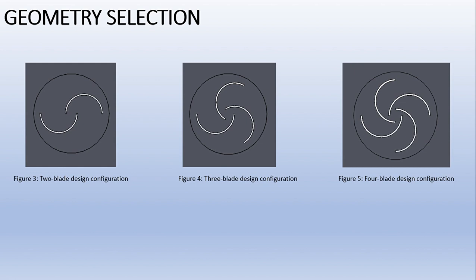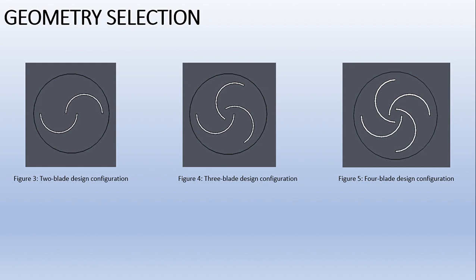Talking about the geometric selection, in this project I selected 3 different design configurations. As you can see, figure 3, figure 4 and figure 5 show the 2 blade, 3 blade and 4 blade design configurations of the Savonius wind turbine. The white curves in the figures are the blade profile of the Savonius wind turbine.